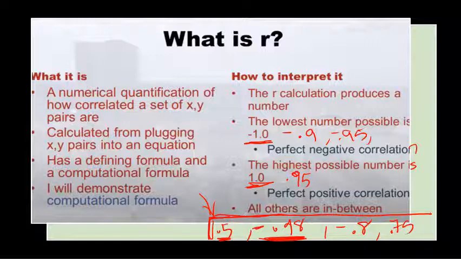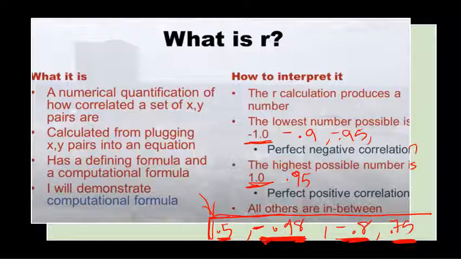It's definitely a negative correlation because we have the negative right there, but since it's so close to negative 1.0, this is a very, very strong negative correlation. It's almost perfect. And negative 0.8 would also be a pretty strong negative correlation. 0.75 would probably be either close to being strong or kind of moderate.